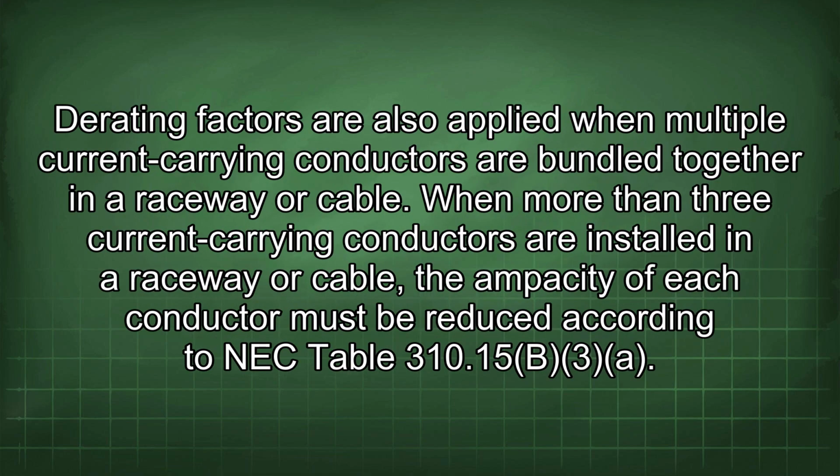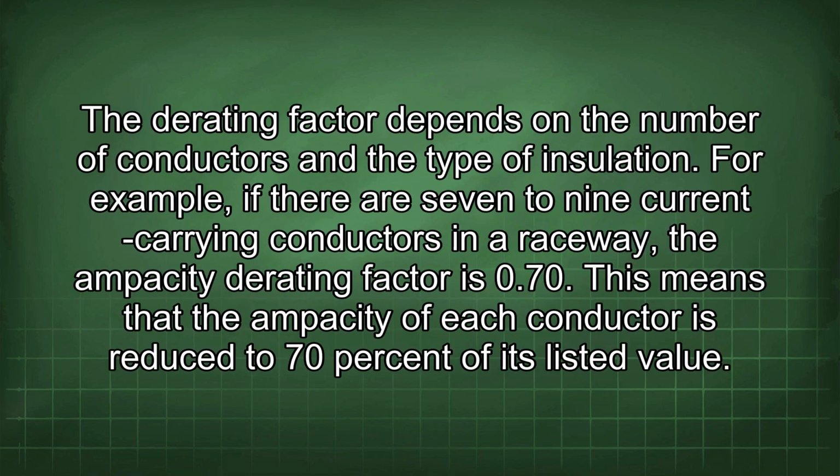Derating factors are also applied when multiple current-carrying conductors are bundled together in a raceway or cable. When more than 3 current-carrying conductors are installed in a raceway or cable, the ampacity of each conductor must be reduced according to NEC Table 310.15(B)(3). The derating factor depends on the number of conductors and the type of insulation.